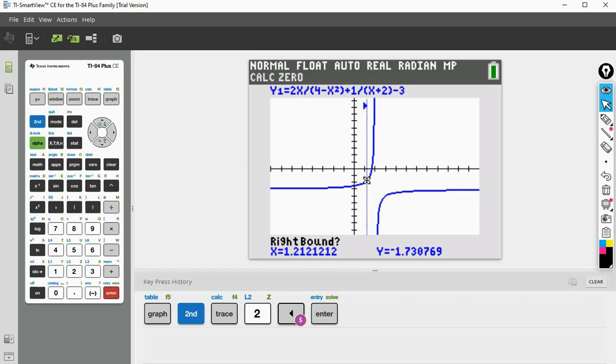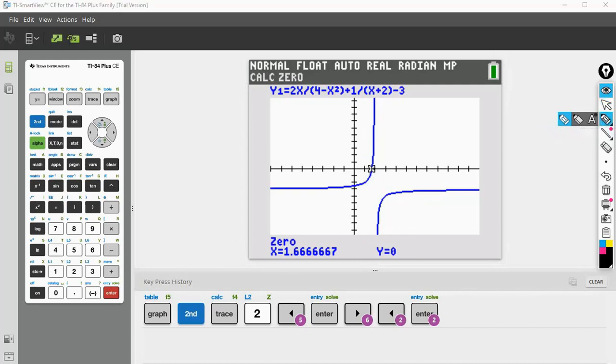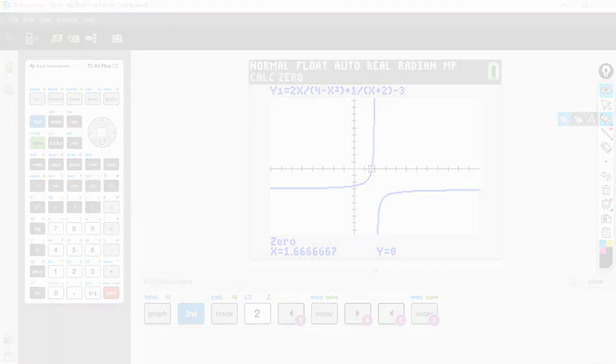Right bound, go a little bit to the right, a little bit above, hit enter. It's going to say guess, and there it is, 1.6667, which is obviously the same as 5/3. Therefore, the solution to the equation would be 5/3.